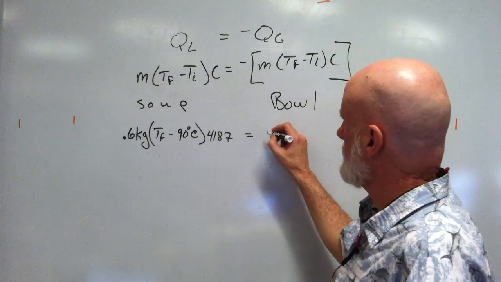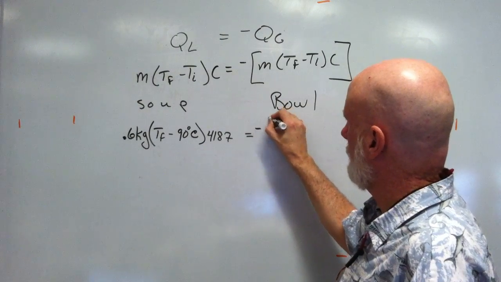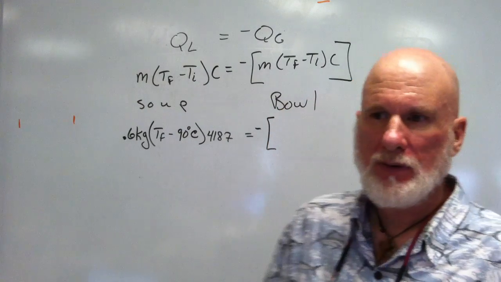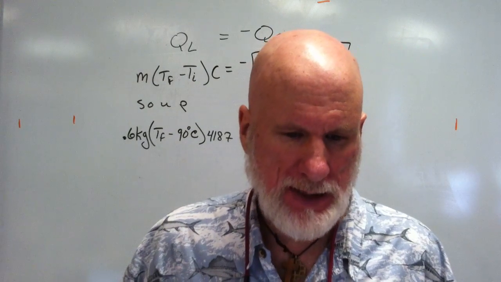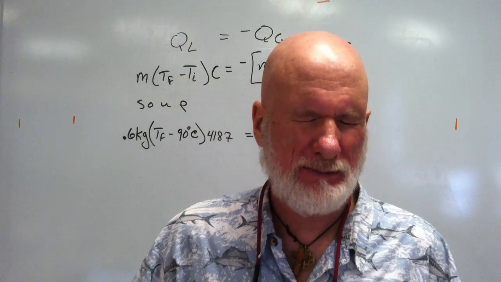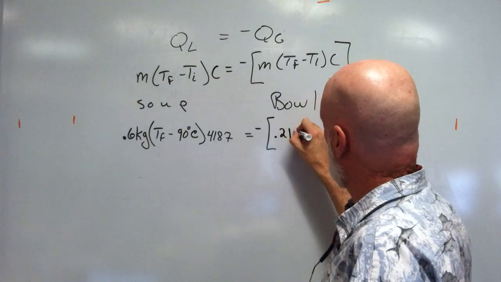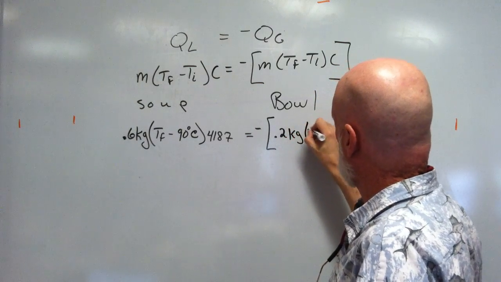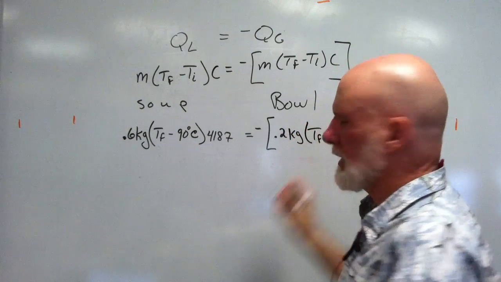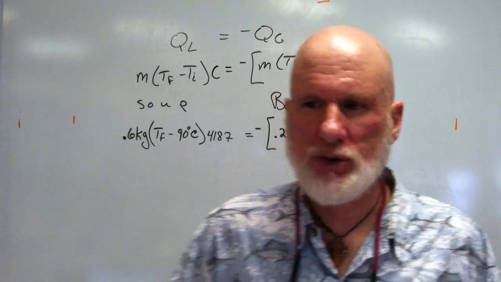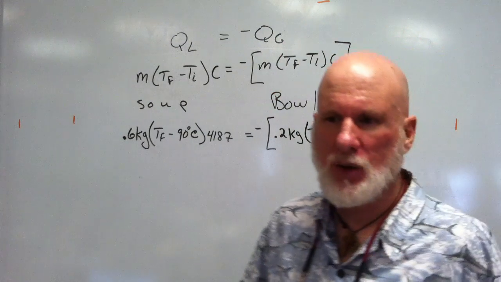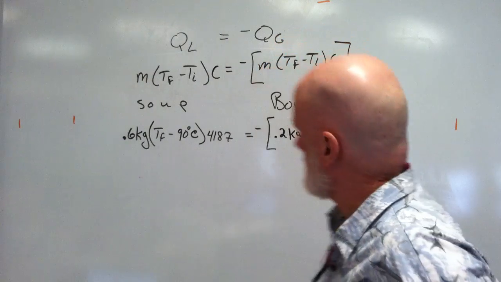Okay, so then this is going to be negative. Do you remember the mass of the bowl? Wasn't it 2.2? 0.2. So 0.2 kilograms, TF minus the temperature of the bowl, which was room temperature, 68 degrees Fahrenheit or 20 degrees Celsius.